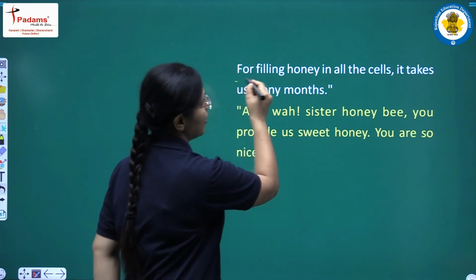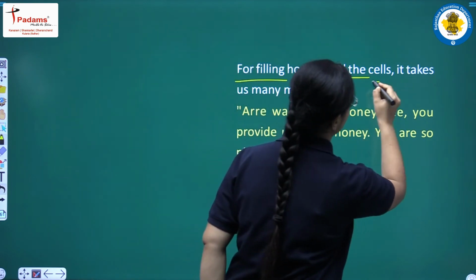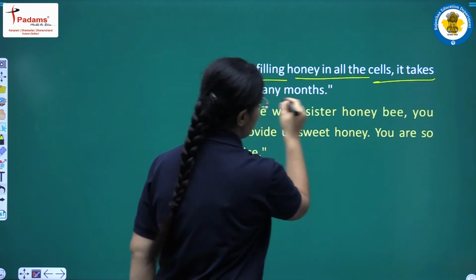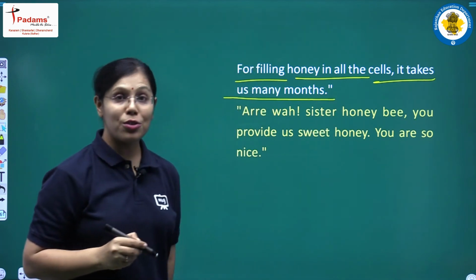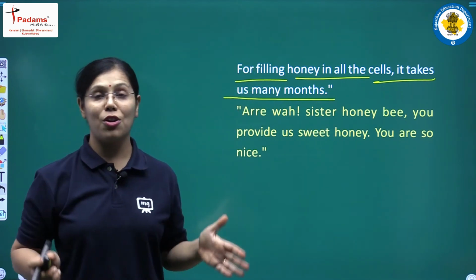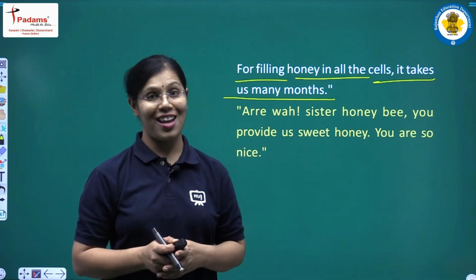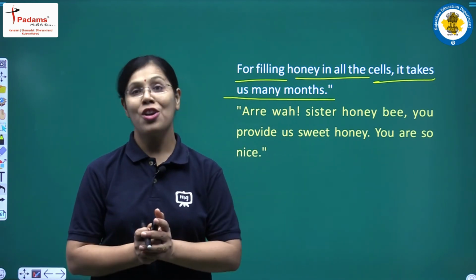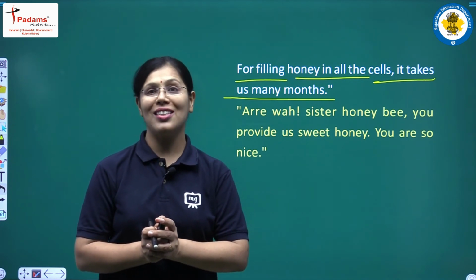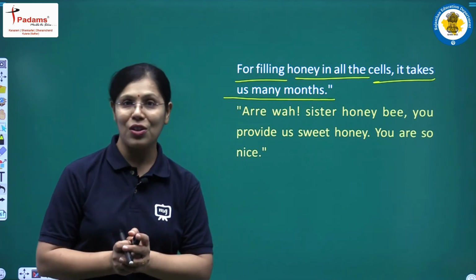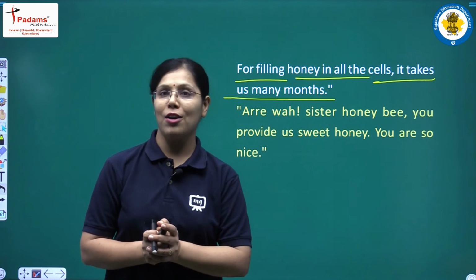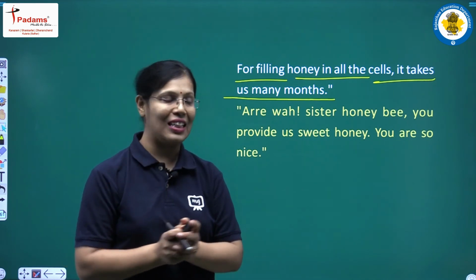For filling honey in all the cells, it takes us many months. So, the honeybee also told Khushi that this is a long process. They are very laborious actually. Honeybees do a lot of hard work to get that honey.